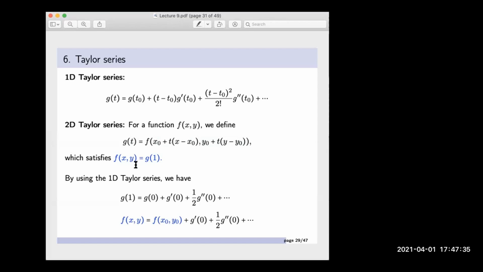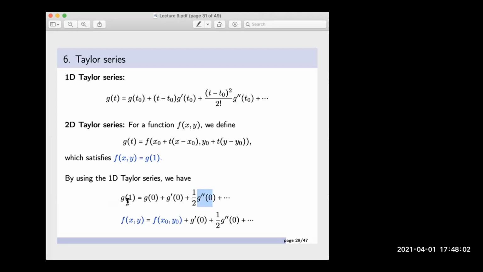So let's substitute the t to be 1 here. If you replace t by 1, replace t0 by 0, you get g of 1 equals g of 0 plus 1 times derivative plus half times double derivative. This is the Taylor series for function of t.